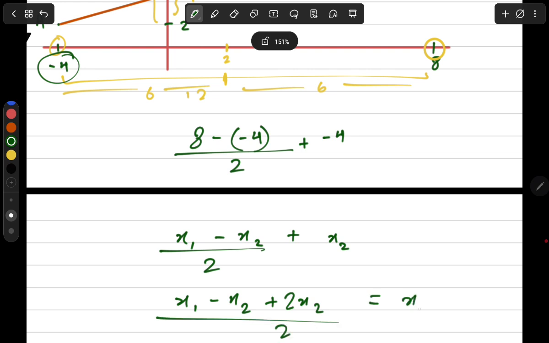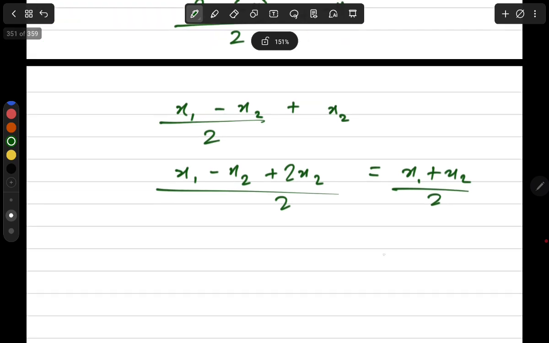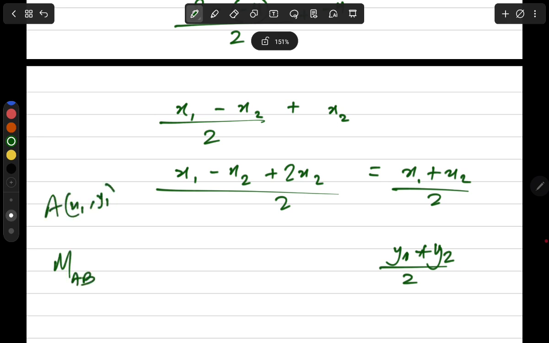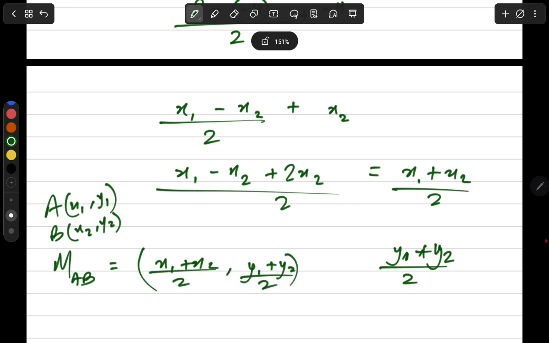So this is nothing but x1 plus x2 upon 2, right? And likewise, the formula for the midpoint of y on the vertical is going to be y1 plus y2 upon 2. Therefore, the midpoint of AB, if A is x1, y1, and if B is x2, y2, is nothing but x1 plus x2 upon 2 and y1 plus y2 upon 2, right?